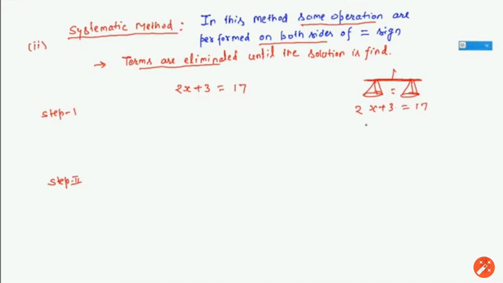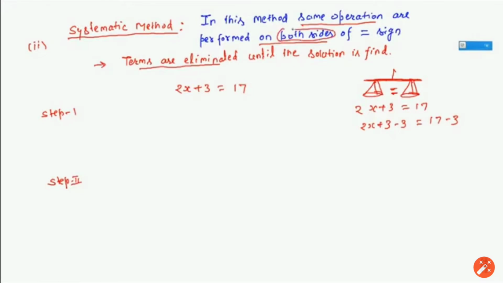Suppose we have 2x plus 3 is equal to 17. We write down 2x plus 3 minus 3 is equal to 17 minus 3. This is called the systematic method. First of all, we will remove the constant term in the LHS.